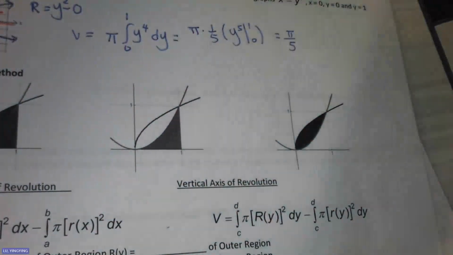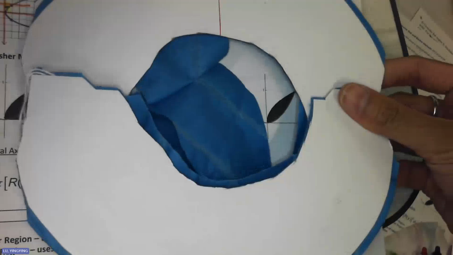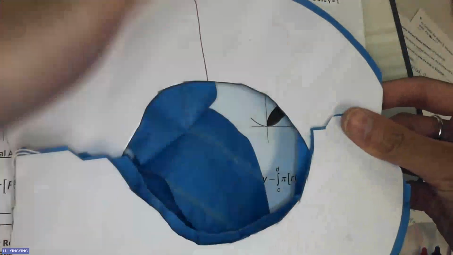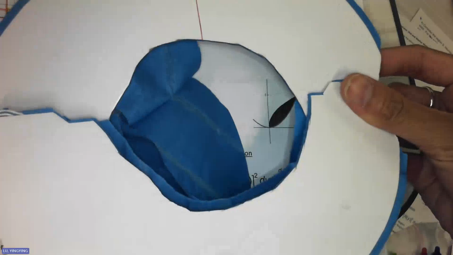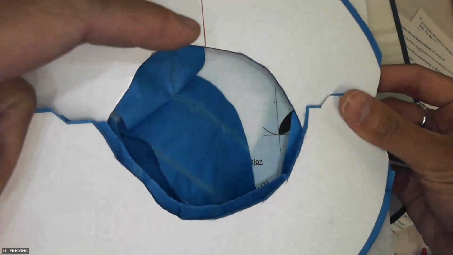How do I find the volume for this? Again, we're revolving it. If I revolve it, it's kind of like a donut almost, right? So how do I find the cross section? This is what the cross section looks like. How do I find the area of this cross section?